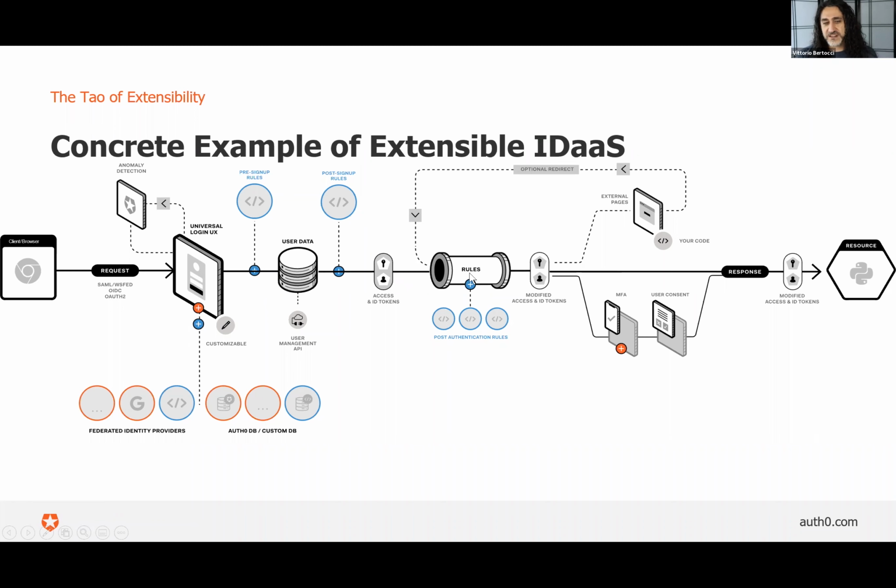And then in general, here we have the most generic mechanism for extensibility, which in the case of Auth0 are called rules. The idea is that in here, you can inject any Node.js logic, including logic that uses external SDKs, and you can manipulate the temporary, intermediate artifacts that you are about to send out, like access tokens, ID tokens, and similar.